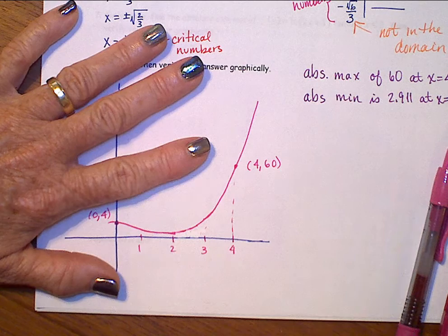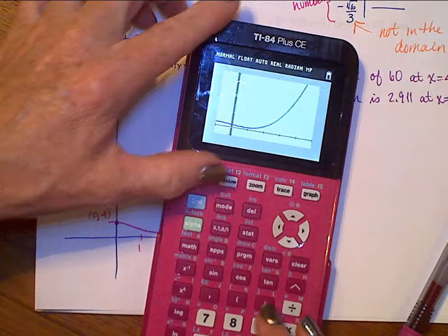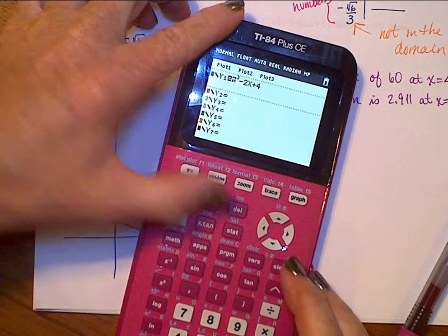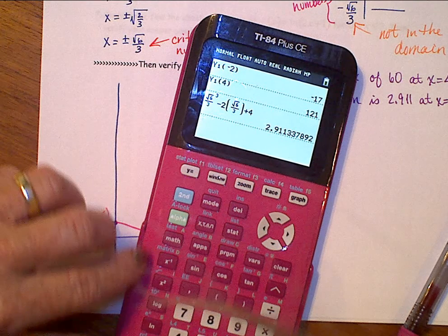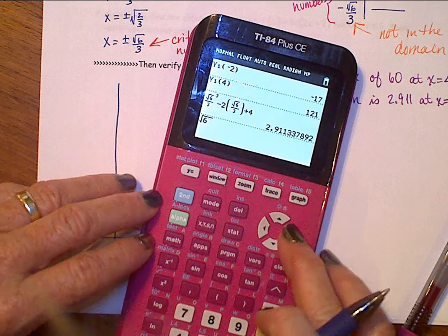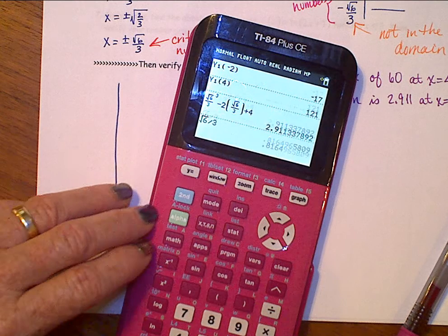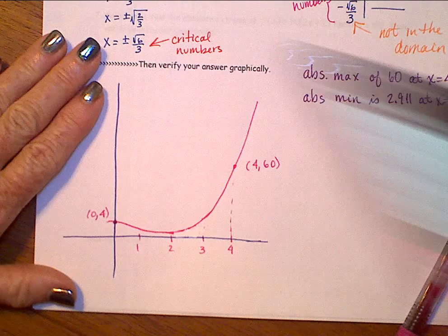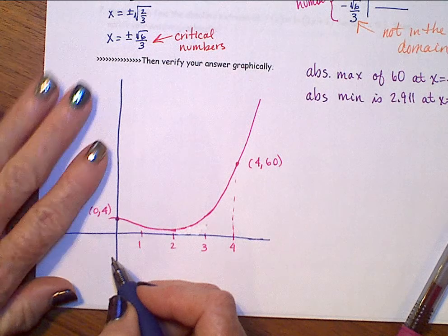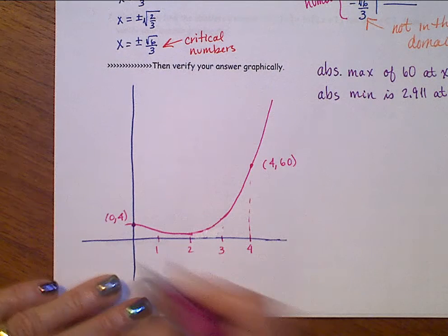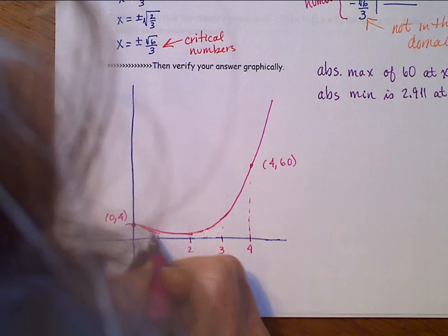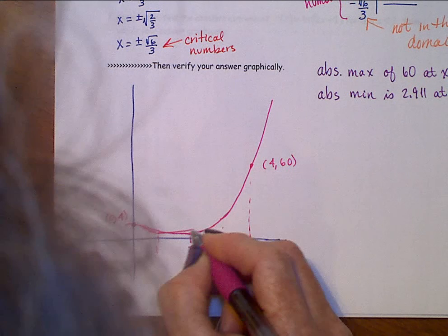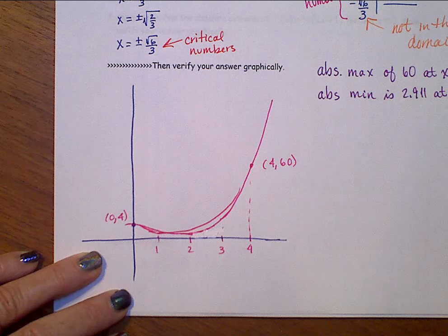So square root 6 divided by 3 is 0.816. Ooh, I am off. I'm just off the other way. So it's supposed to be down here. I'll drop it down and bring it back up. There we go. Sorry about that.